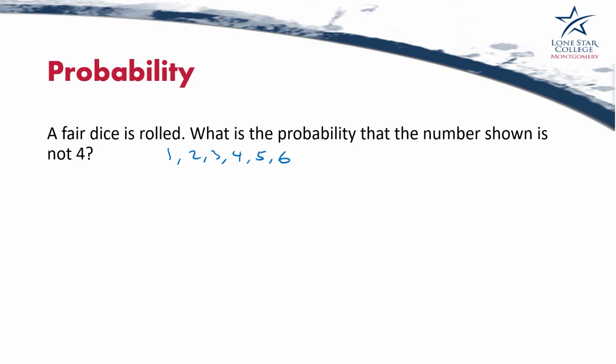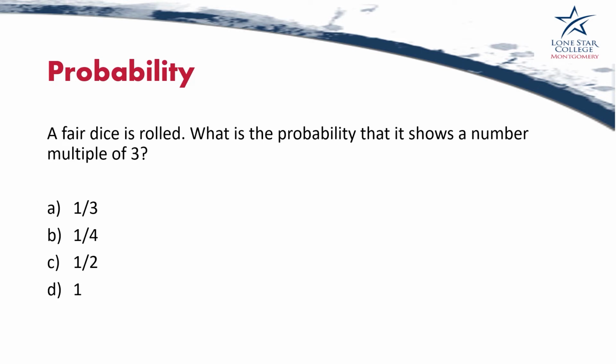So now the question is, what's the probability of it not being 4? The sides that aren't 4 are 1, 2, 3, 5, and 6. So there are a total of 5 sides that are not 4, out of 6 total sides. So the probability will be 5 out of 6, which is answer choice C.